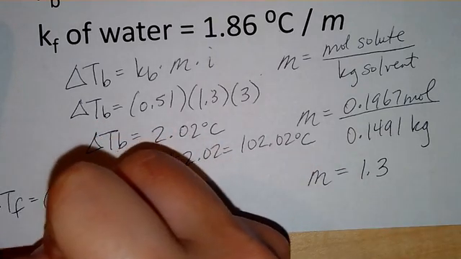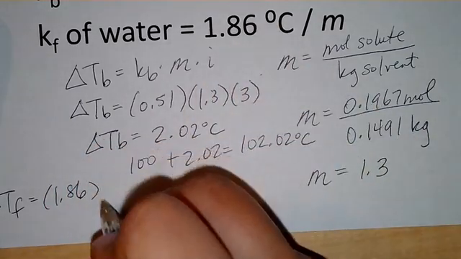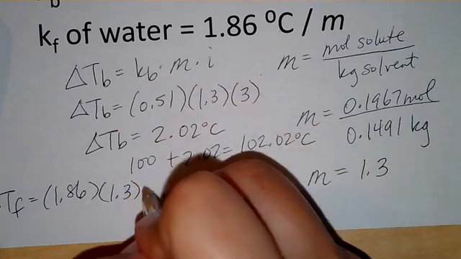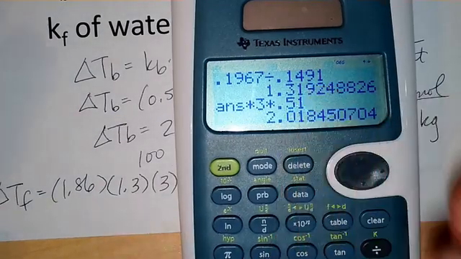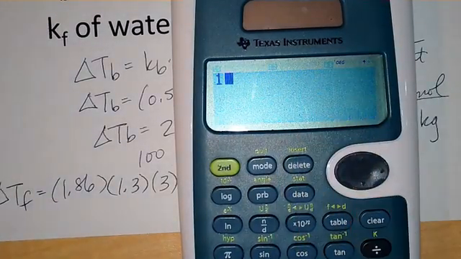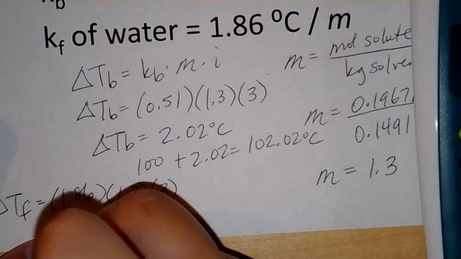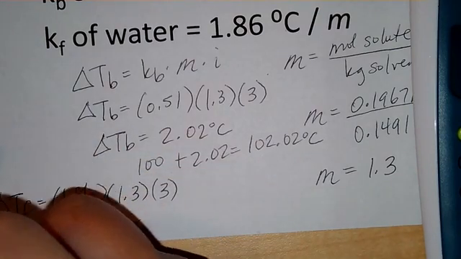Alright, 1.86 times 1.3 times 3 gives us 7.254 for our change in freezing point. And we're going to subtract that from the freezing point of water. So 0 minus 7.254 gives me negative 7.254 degrees Celsius.